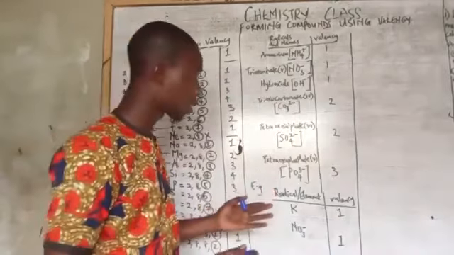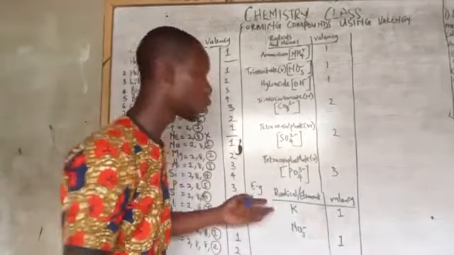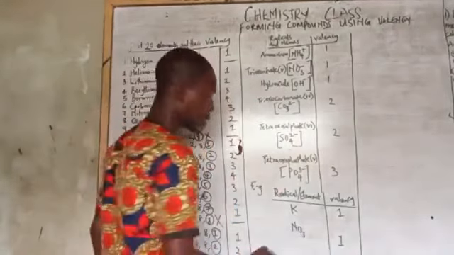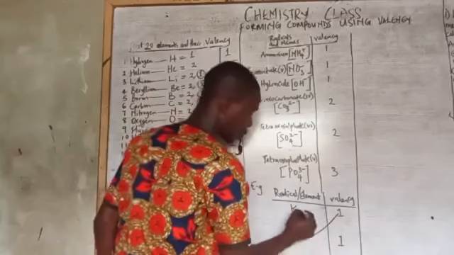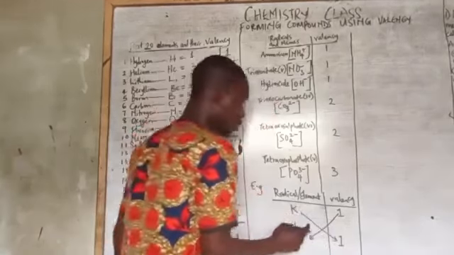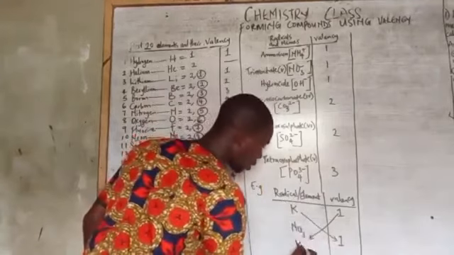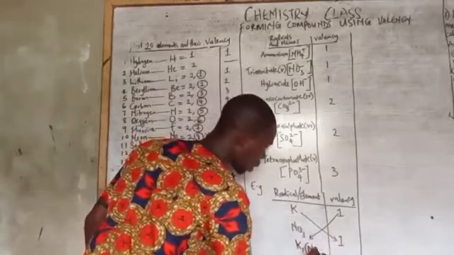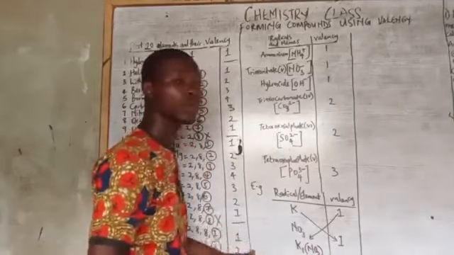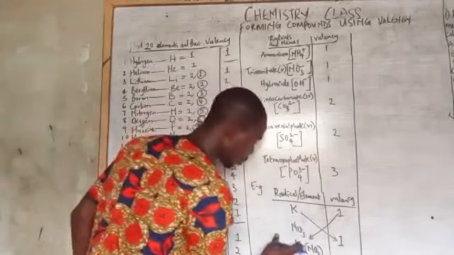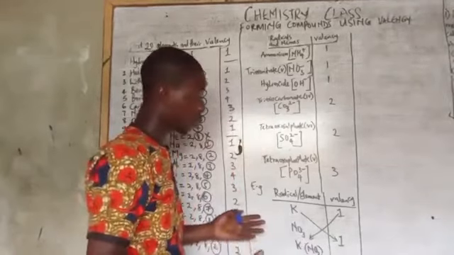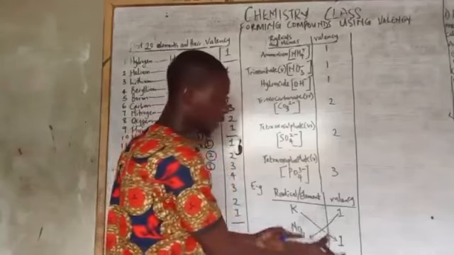Generally, when we are making compound using radical, we do not need the charge. So let's cross multiply. This goes to meet this. And the formula here is going to be K1 and NO3 1. Since we are having 1, to avoid repetition, we can just remove the 1, and the 1 here can be removed as well. So there is no subscript affecting the bracket.